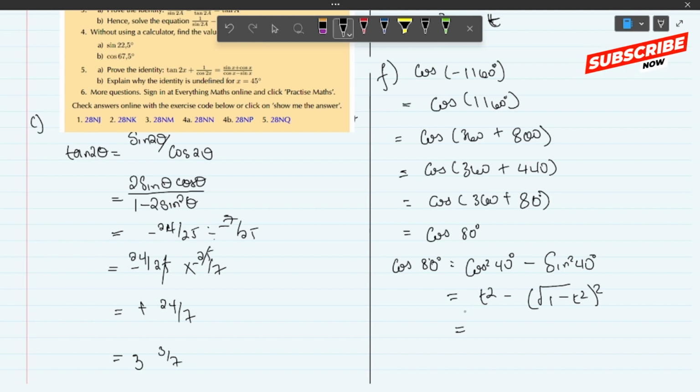This is just repeating itself. It's simple that you understand it, guys.